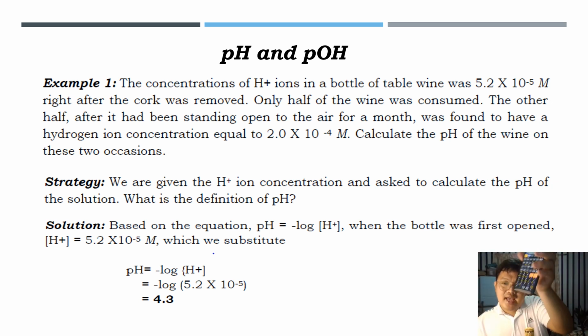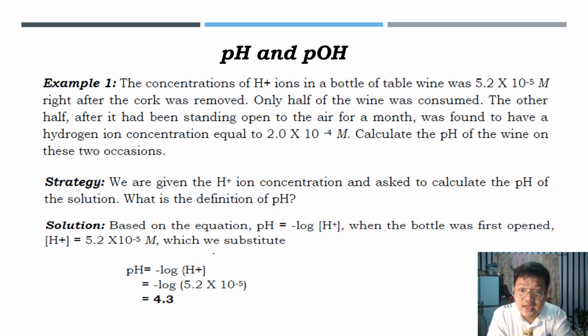That's why, as you can see here in the slide, it's already rounded off. So the pH of the table wine with the molarity of 5.2 times 10 raised to negative 5 is 4.3. Since it's 4.3, that means it's already acidic because it's below 7.